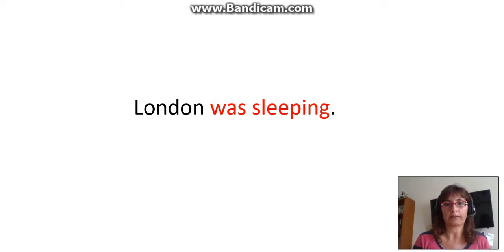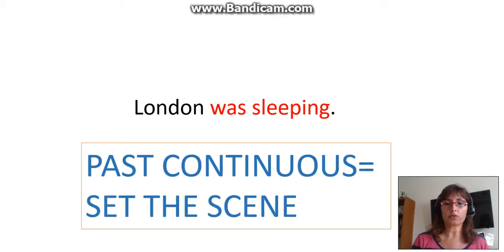Of course, it's at the beginning because this sentence sets the scene. What's the meaning of set the scene? Describes the situation. What was going on when the fire broke out? Look at the tense. It's past continuous. Was. It's always was or were. And the verb with ing. Was sleeping.